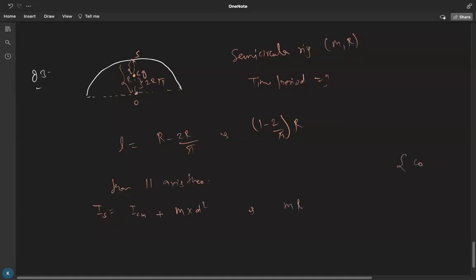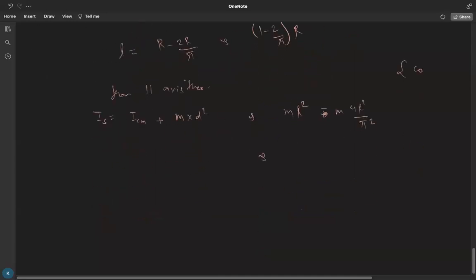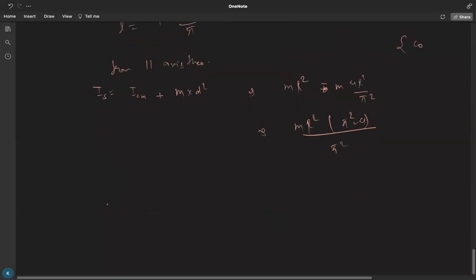So actually mr square plus m into 4r square by pi square, because 2r by pi is the distance between the center and the center of gravity. Actually here it is minus because we are considering it from there. So you can either call it r minus 2r by pi whole square, or you can call it in this way. So here we have mr square, we can solve, then (pi square minus 4) by pi square. So this is actually our I about the suspension point.